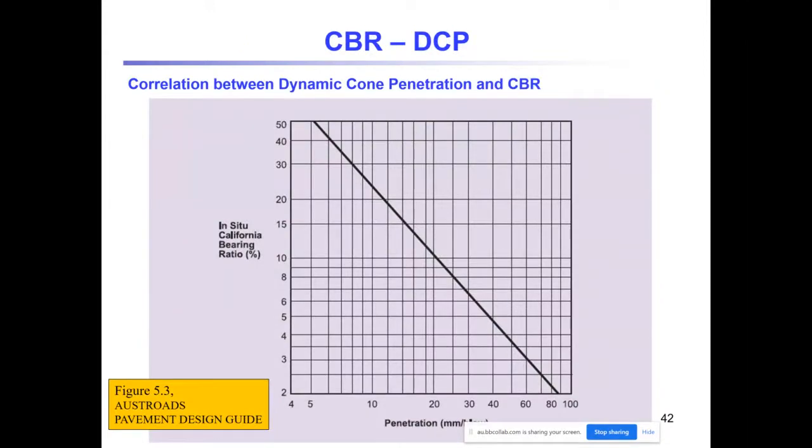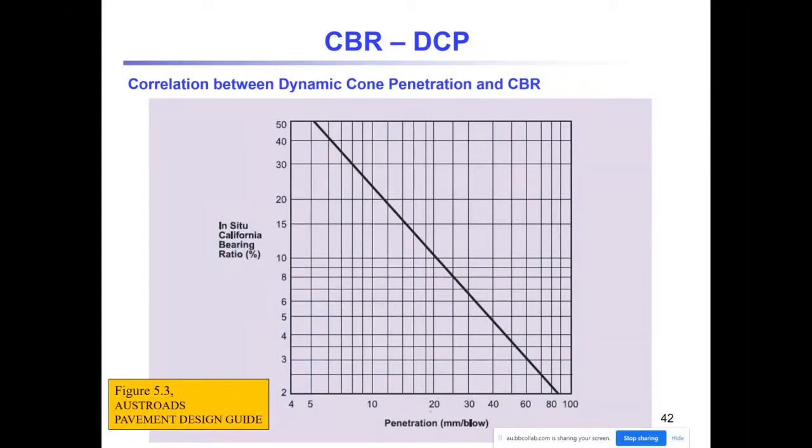But we derive DCP, and we know that most of the charts in ASTM are based on CBR value. So ASTM provided us one very simple chart. It is log-log in both directions: the penetration is in log form, and the vertical axis, CBR, is also in log form. So based on the DCP value, which is the horizontal axis, penetration in millimeters per blow, you can determine the California bearing ratio.